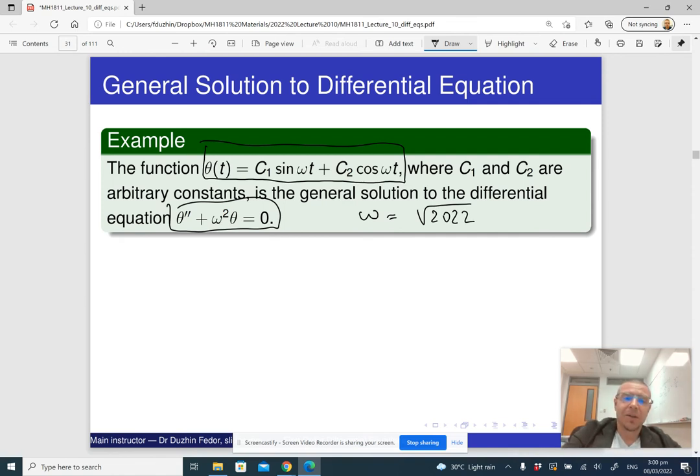So then this formula, c1 times sine of square root of 2022 t plus c2 cosine square root of 2022 t, describes all possible solutions to the differential equation theta double prime plus 2022 theta is 0.